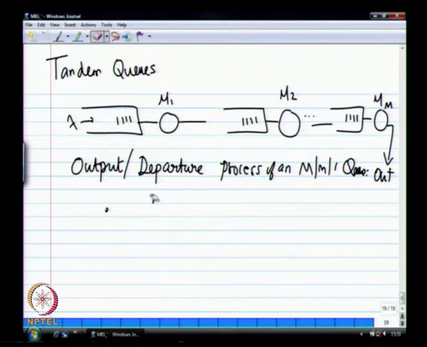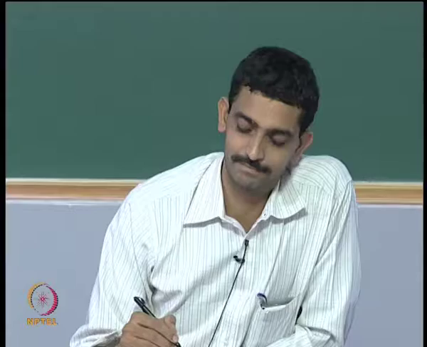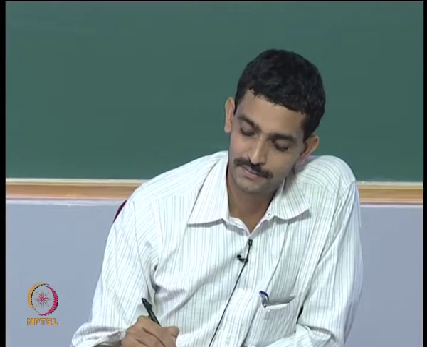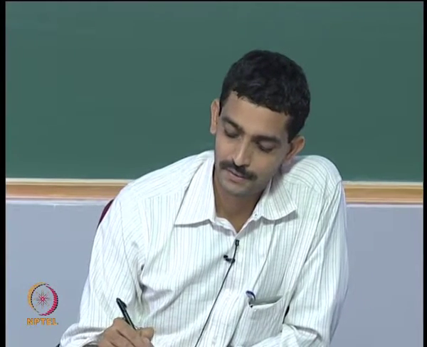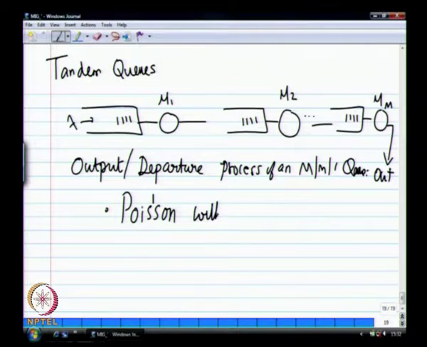So what could this process be? MM1? Also Poisson with rate mu 1?